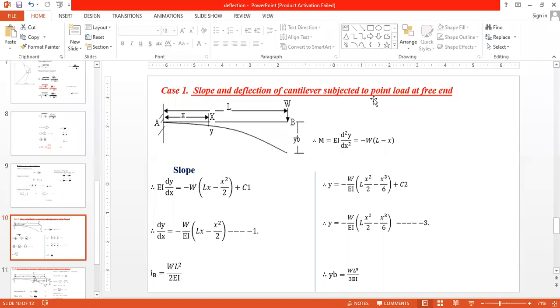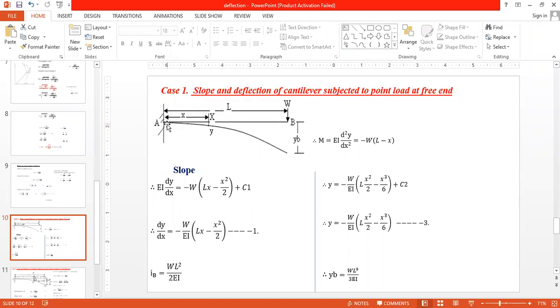You see here, AB is a cantilever. On this cantilever, load W is applied at free end. Under this load W, this end is fixed, therefore this end will not move.